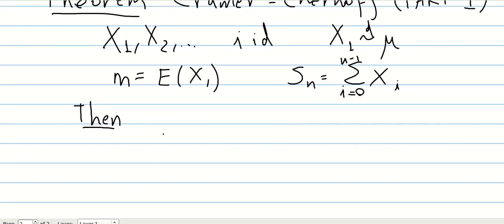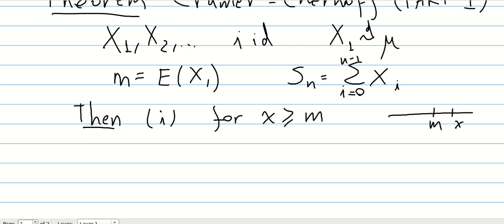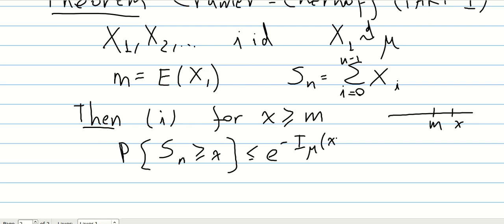So what the theorem states is first that for x larger or equal to m, so if we are above the expectation of x1, then the probability that the sum is larger or equal than x decays like e to the minus I mu of x times n.